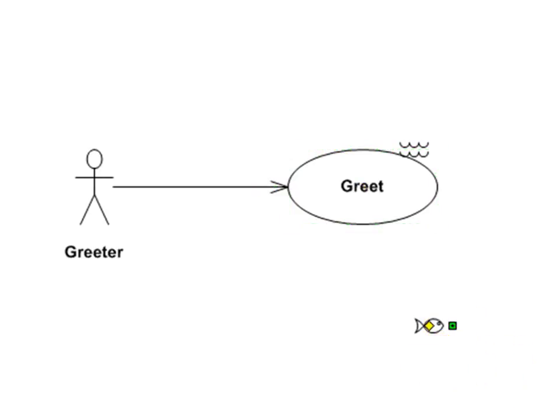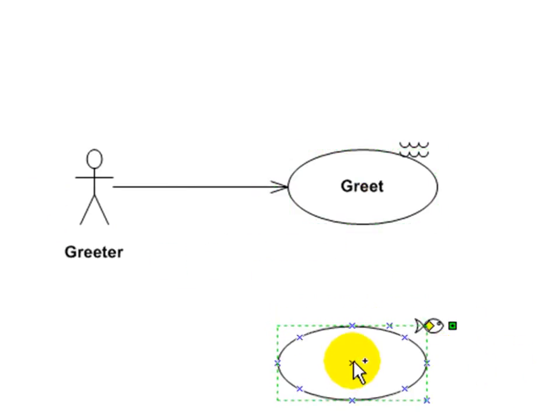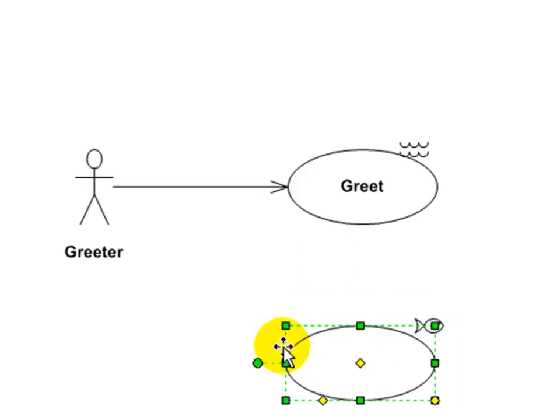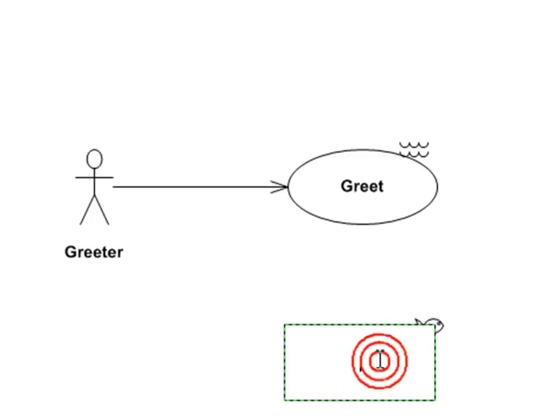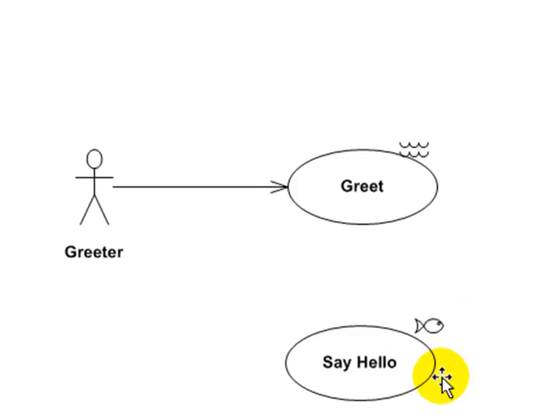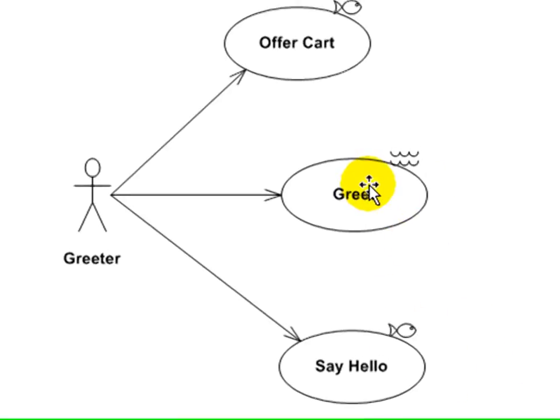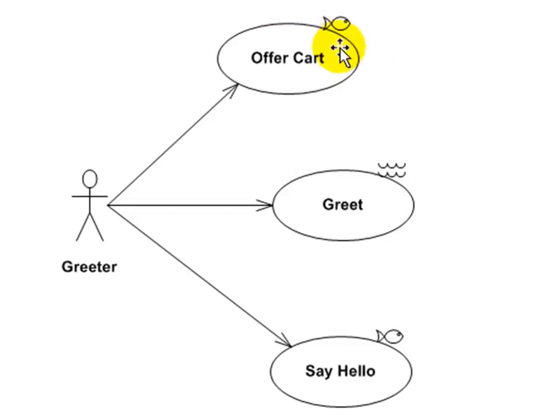An example of a fish-level use case for the greeter, as part of greeting a customer, the greeter might be required to say hello. So this is part of a greeting. Another fish-level process might be to offer a cart.